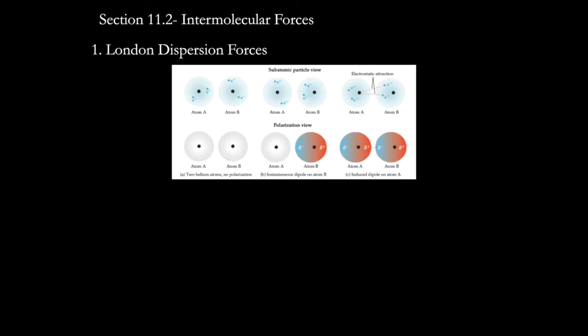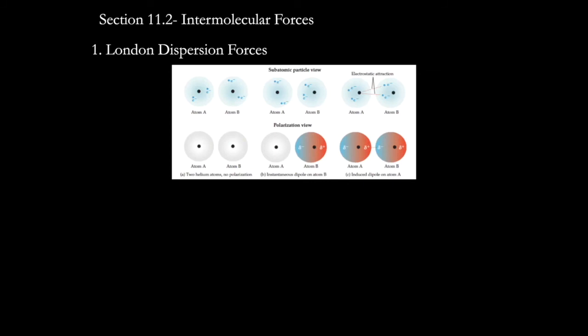Well, since it's partially positively charged, that's going to have an effect on atom A, as you can see in the C diagrams. The partial negative is going to repel the electrons in atom A, causing the left-hand side of atom A also to be partially negatively charged, while the right-hand side of atom A will be partially positively charged.